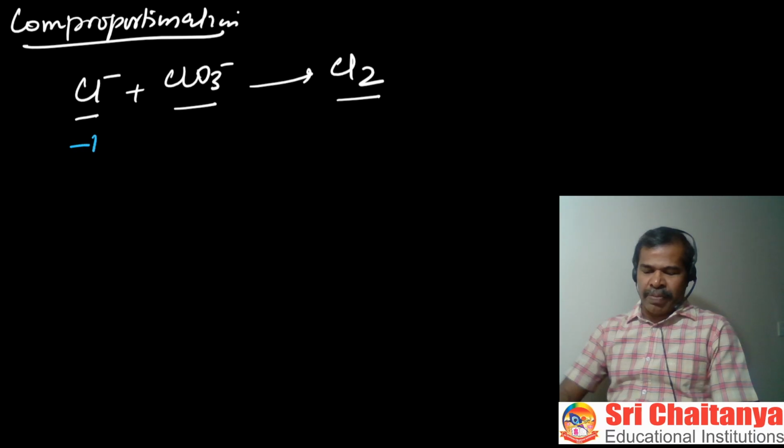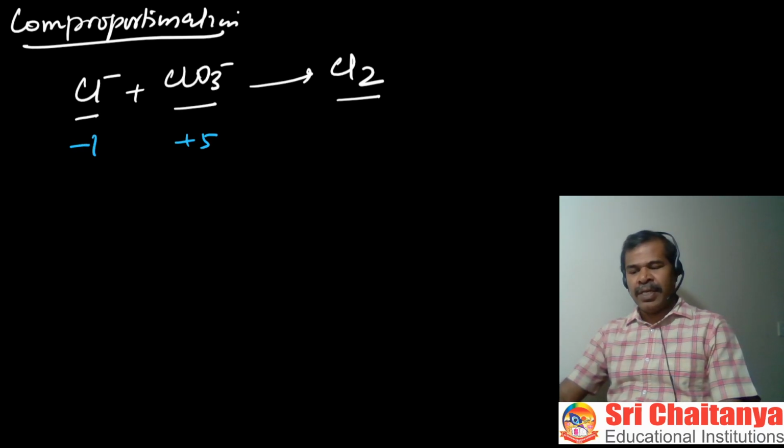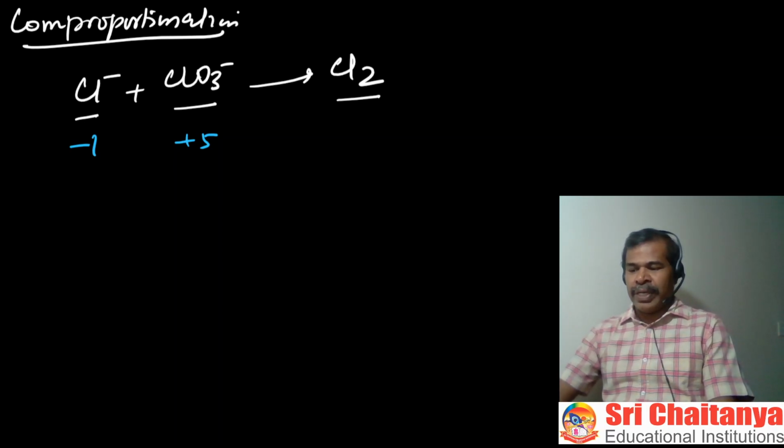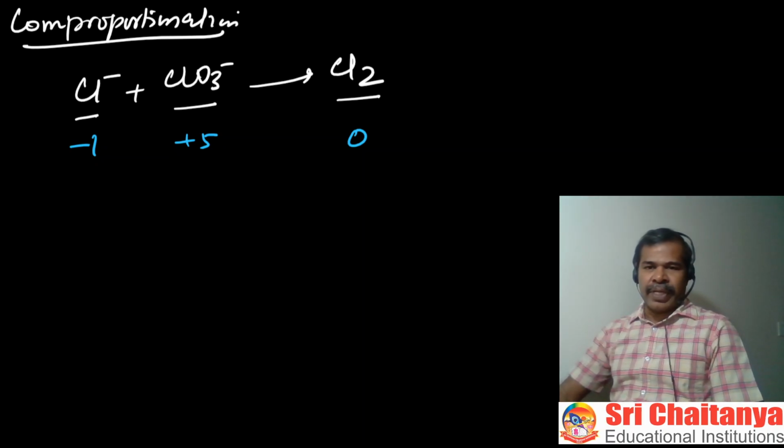So chlorine is in -1 oxidation state here. Here chlorine is in +5 oxidation state. So the same element in two different compounds in two different oxidation states get together to form a single compound in a different oxidation state, that is 0. So -1 becomes 0, +5 becomes 0 ultimately. That is called a comproportionation reaction.